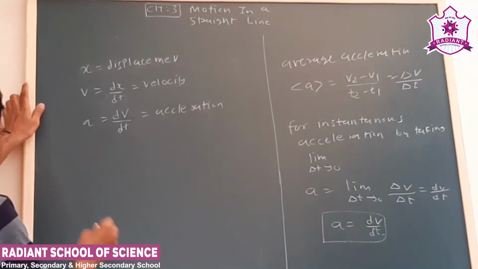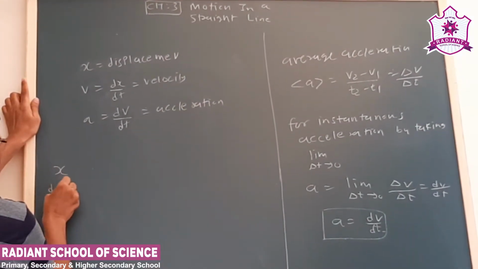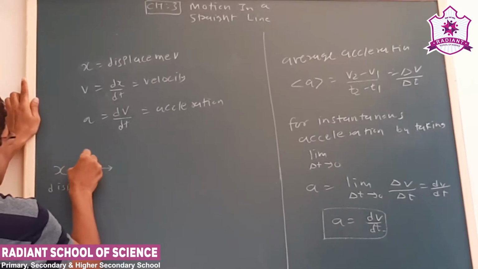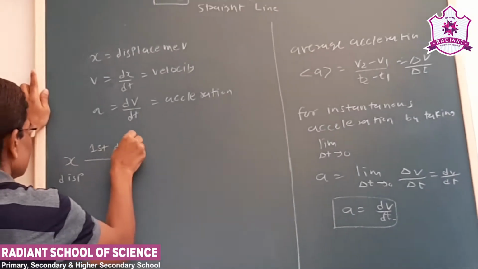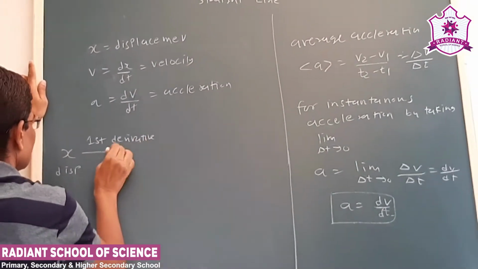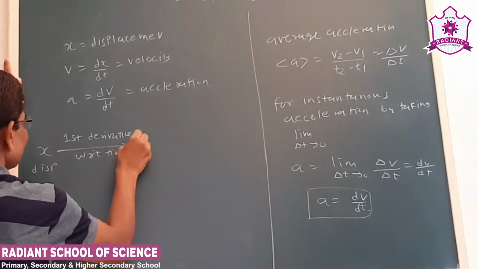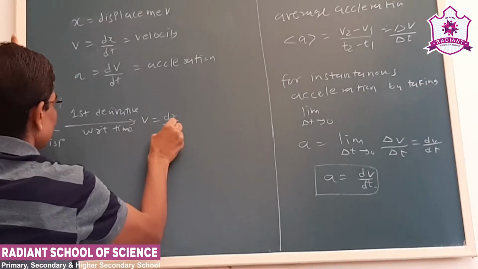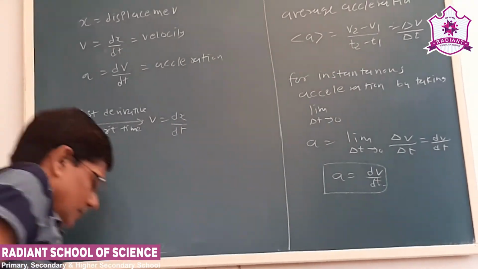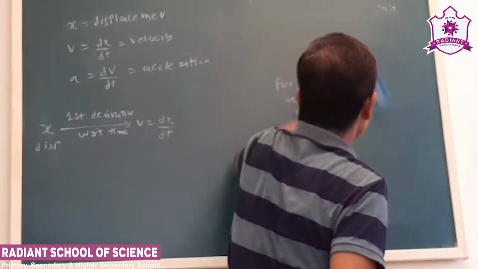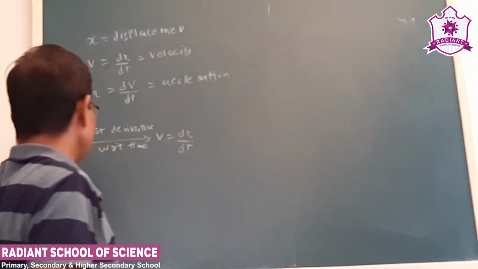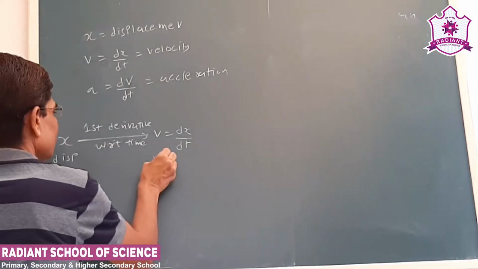Now x is our displacement. The first derivative with respect to time, v is dx by dt. By taking the derivative of displacement we get velocity.